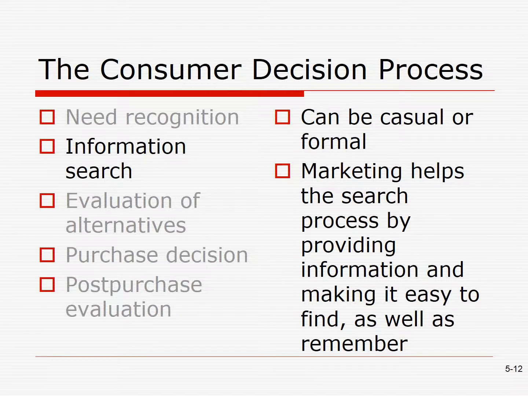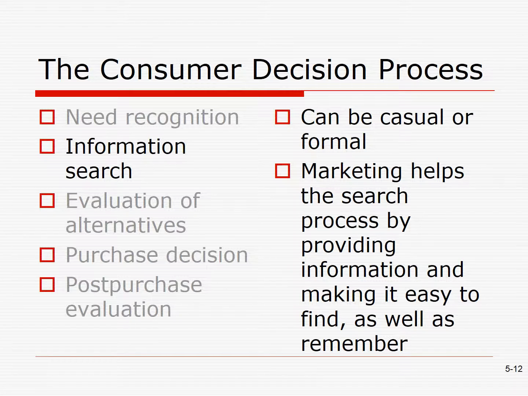And then formal search would be my Google searches, my asking friends, my going to the store and talking to a salesperson, any of these, paying attention to the TV commercials about the things in that category. This would be more formal or external information search.